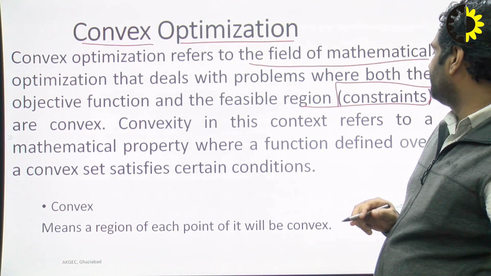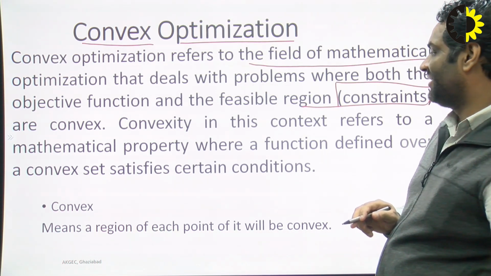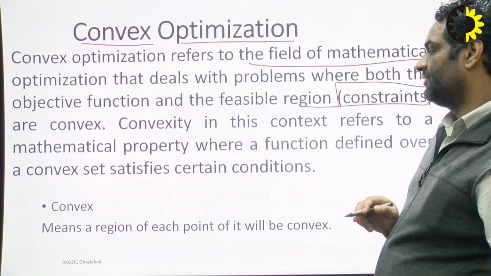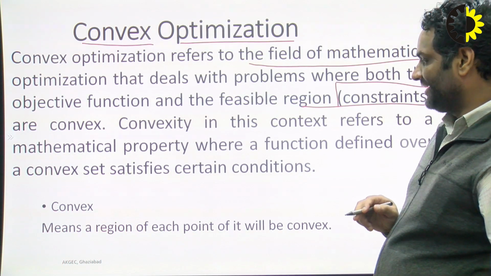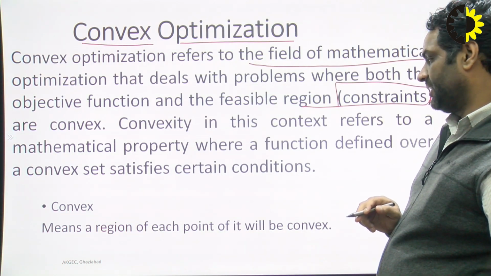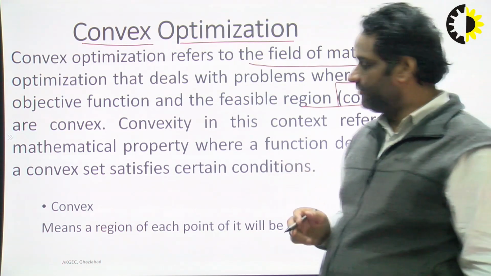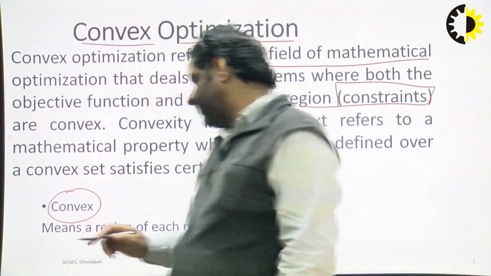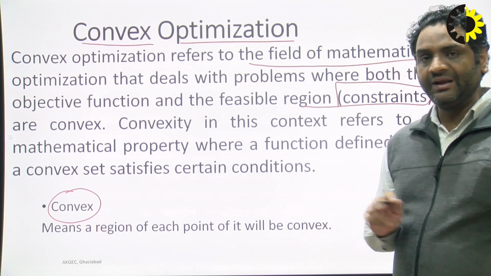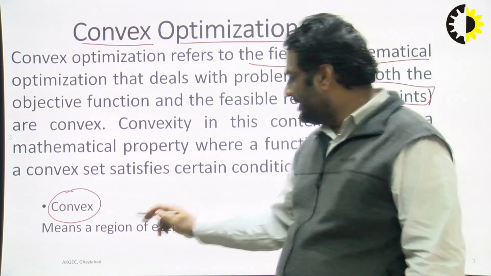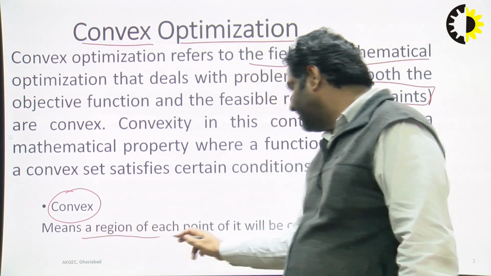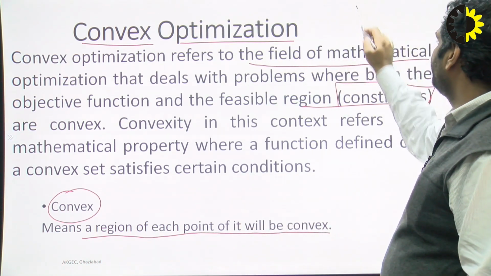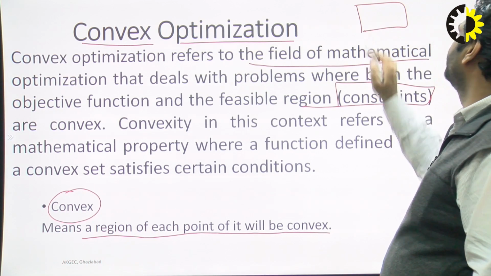Convexity in this context refers to a mathematical property where a function defined over a convex set satisfies certain conditions. Before coming to this topic, I am using the term convex, which means a region where each point is convex. Suppose we have this particular region.